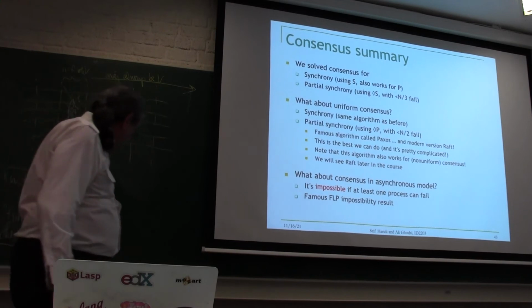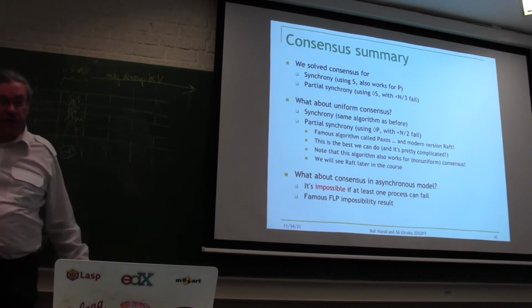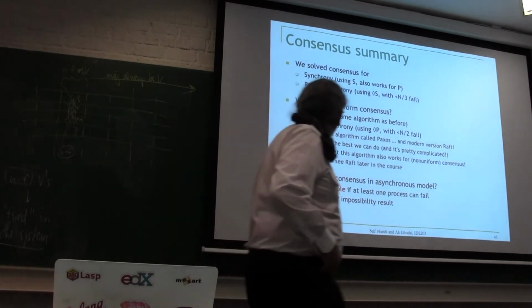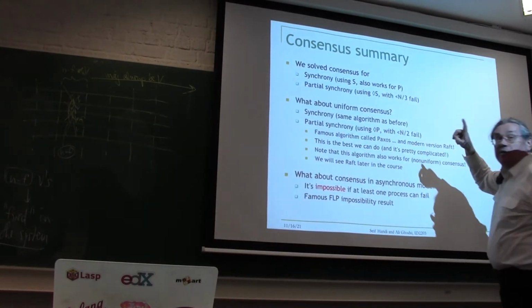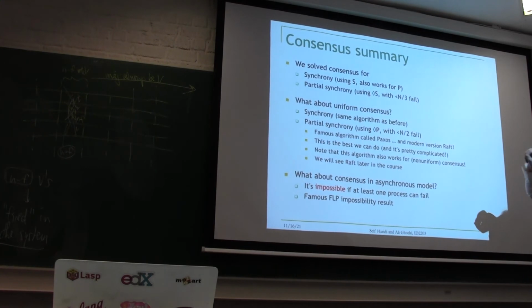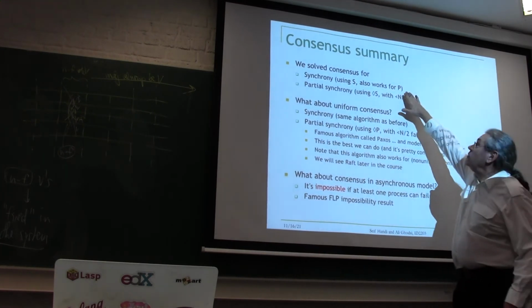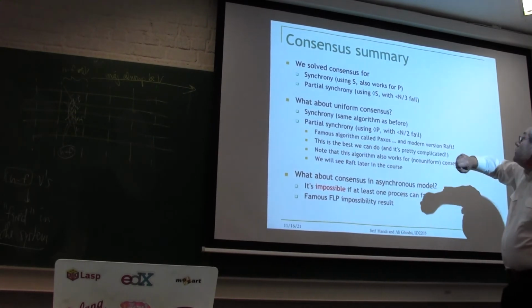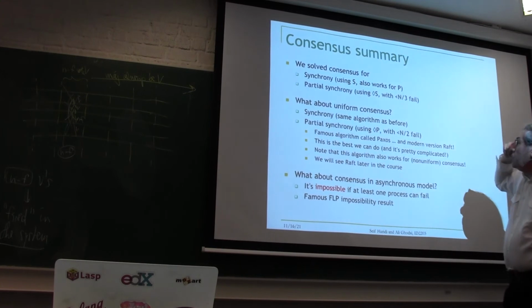Let me summarize now what we saw on consensus. We saw it first using synchrony. So synchrony means perfect S or P. It's using S, but also works for P. It's partial synchrony, using eventually S with less than n over 3 failures.